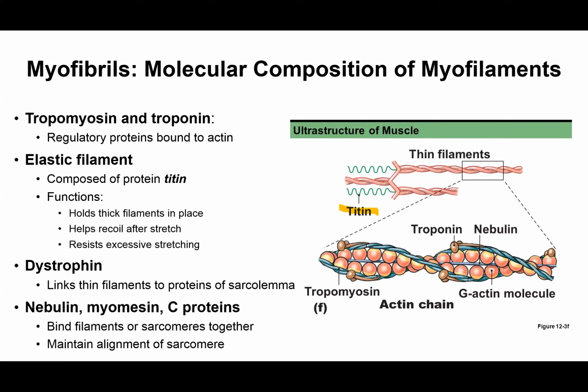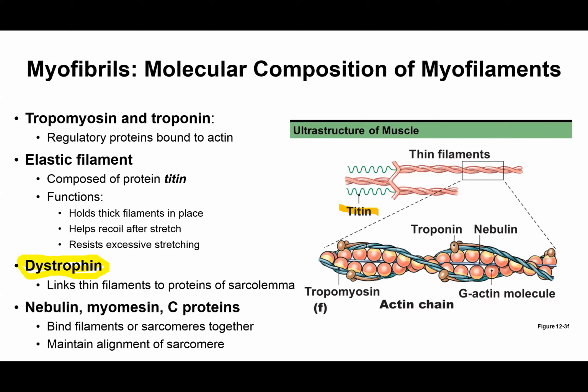In addition to these molecules, we also have a very important molecule called dystrophin. Dystrophin has the job of linking thin filaments to proteins that are in the sarcolemma itself.